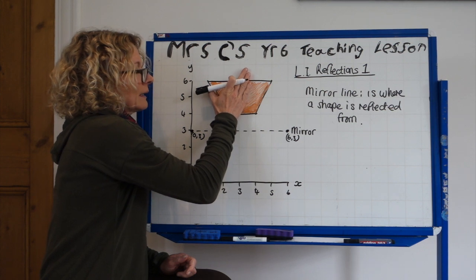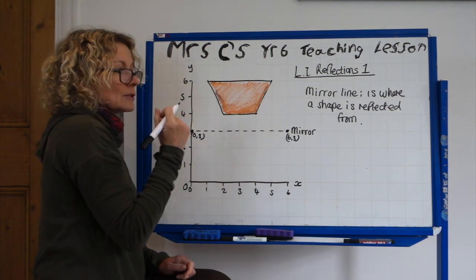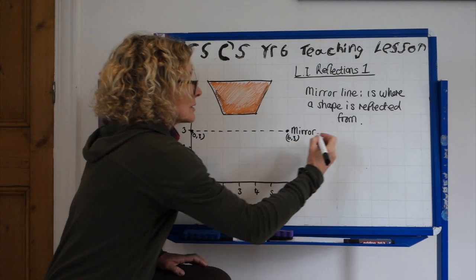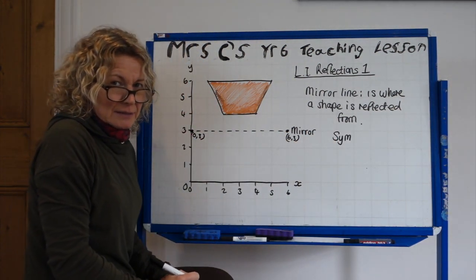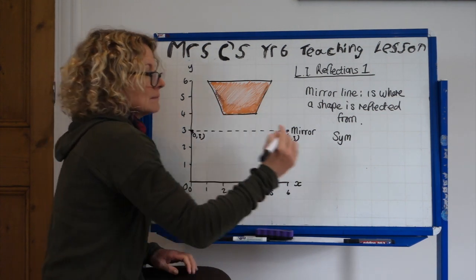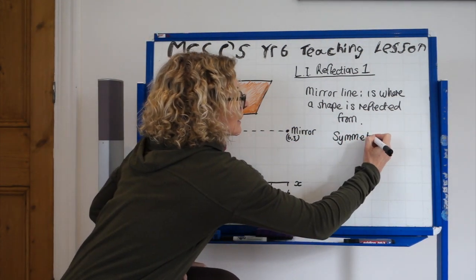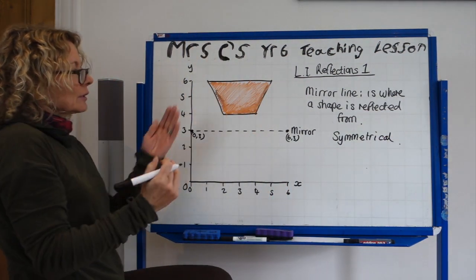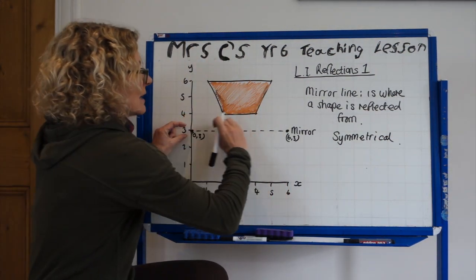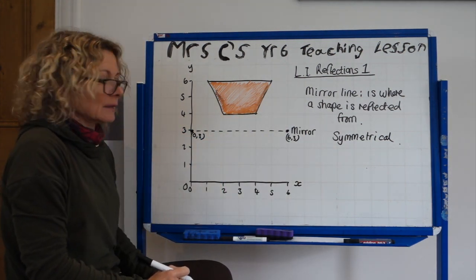This is one wing, and you are going to get something which is, can you remember the word? What are butterfly wings? Symmetrical. So it's going to be absolutely the same with this mirror line acting as the abdomen.